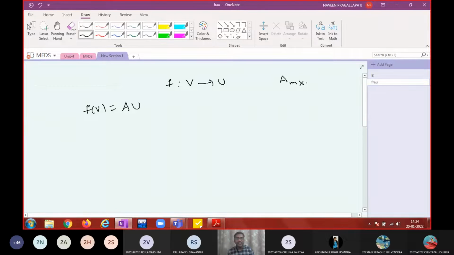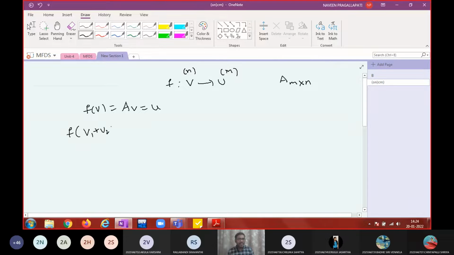A is a matrix of order m by n. v is an n dimensional vector. This is an m dimensional vector. Sorry, every time I'm making a mistake. f of v is A into v, this is small v, sir, and A into v is nothing but u.